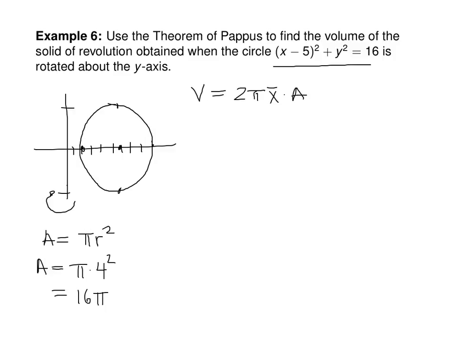Now, due to symmetry, x bar is the center of this circle, so x bar is 5. So the volume of this torus is 2 pi times 5 times 16 pi, or 160 pi squared.